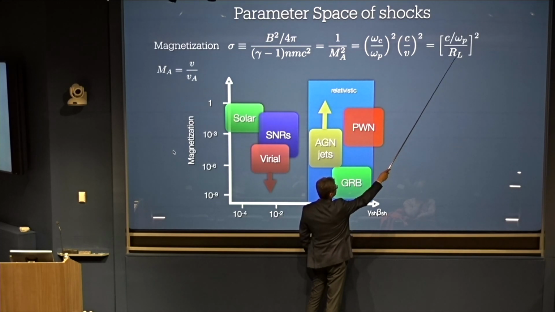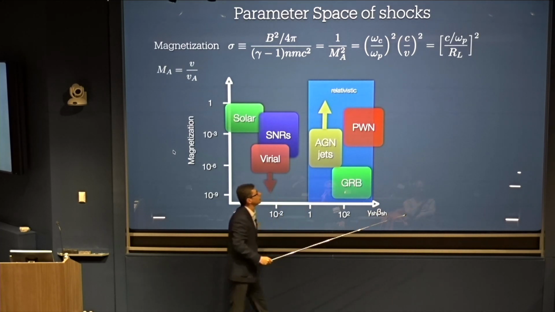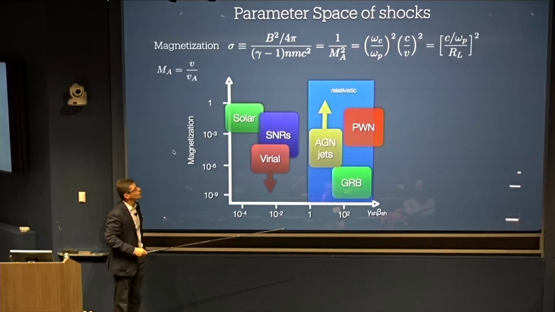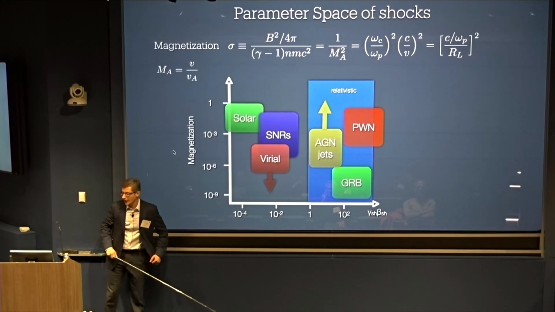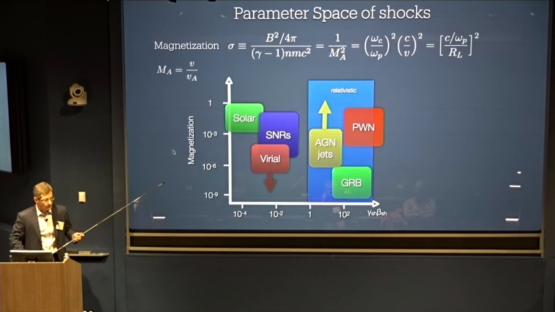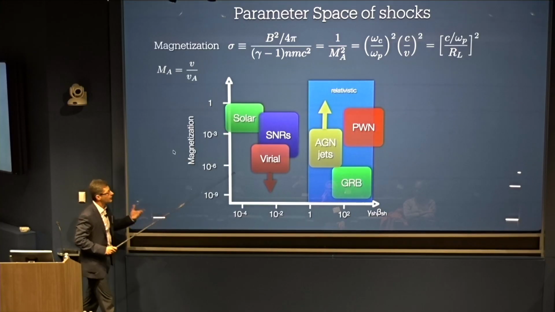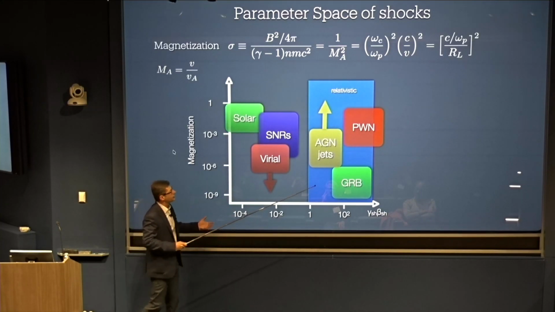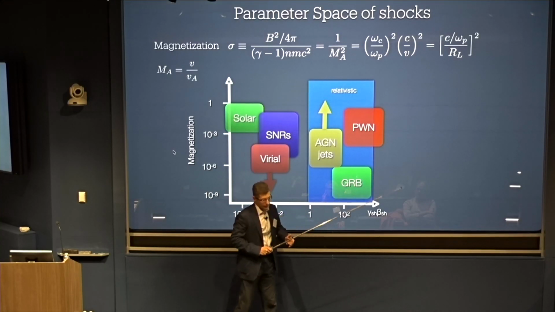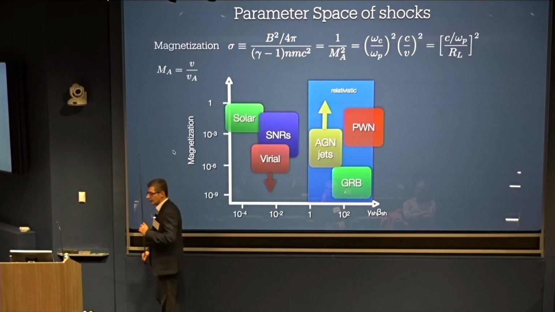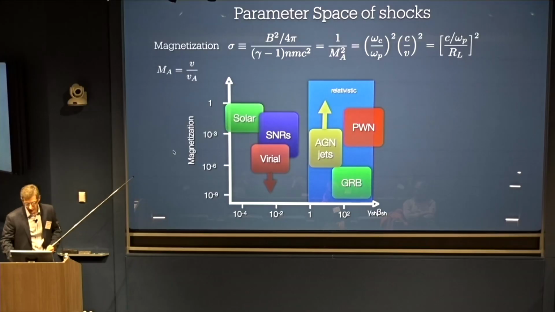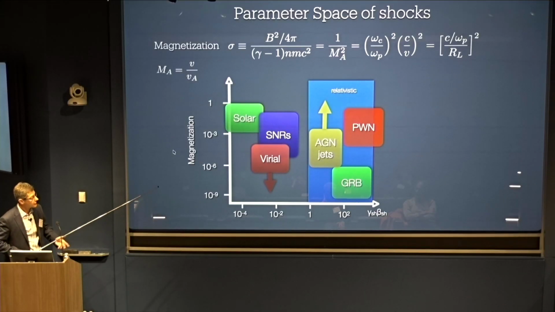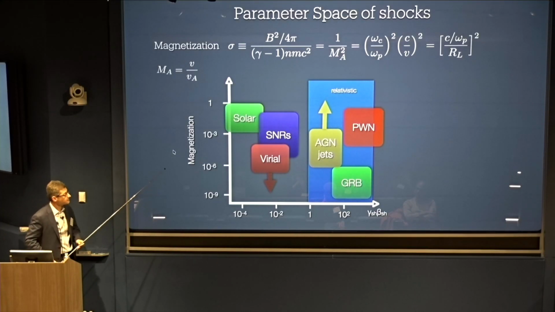That means that the skin depth is large compared to the Larmor radius, which means that the Larmor radius is very small, so the particles will just be gyrating a lot. If it's the other way around, skin depth is small compared to the Larmor radius, then you will potentially experience various instabilities on the way to the shock.